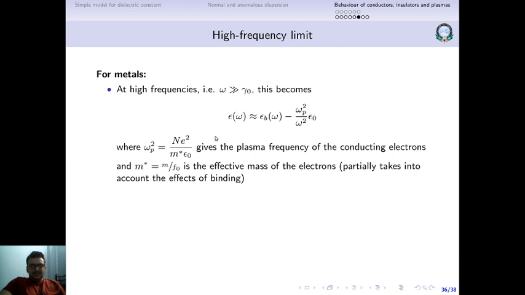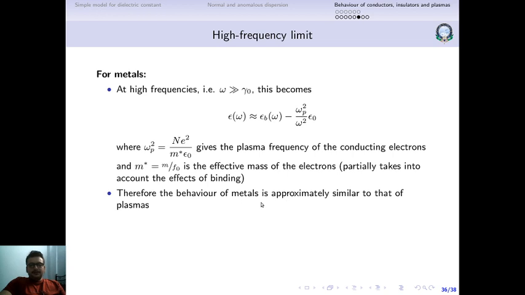Because in a metal the electrons are not really free. Even though we said that it's a sea of electrons, free to move in any part of the metal, they are still moving inside a lattice, and so they will still feel some kind of binding with the positively charged lattice. This effect of binding results in an increase in the inertia of the electrons, which can be modeled as an effective mass.